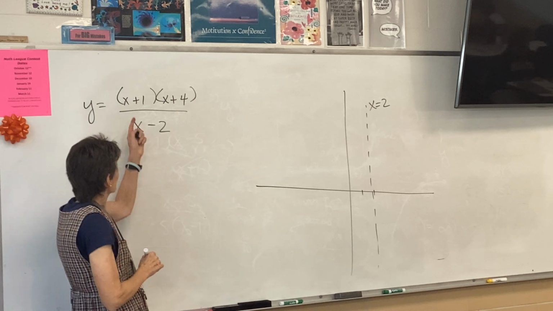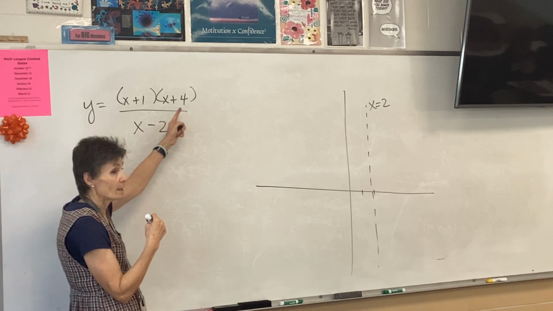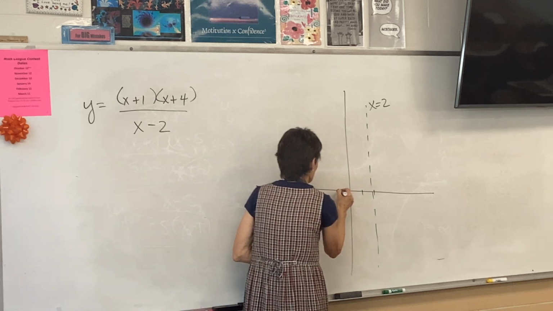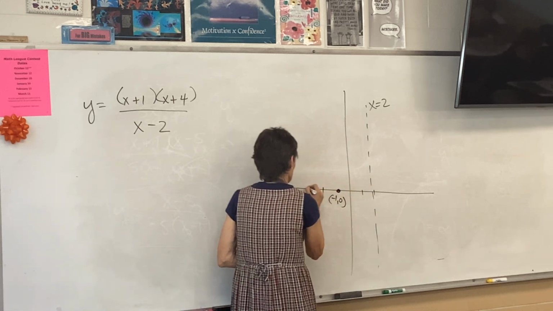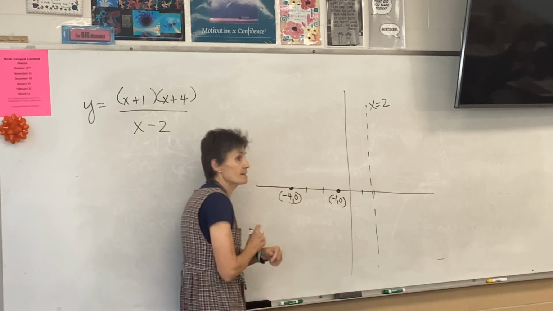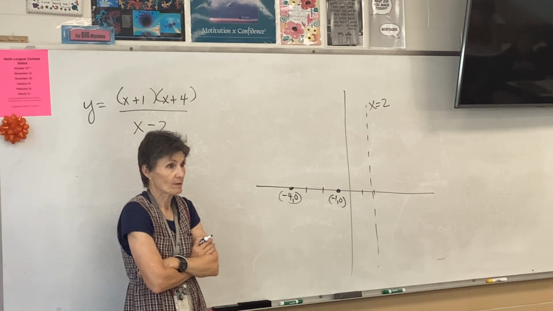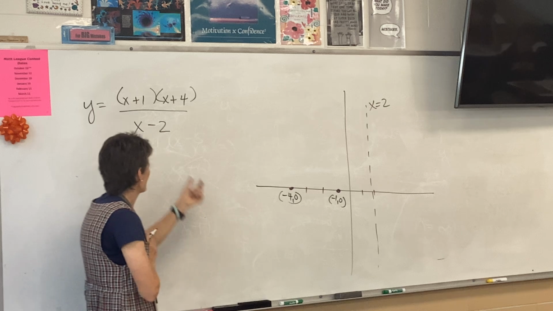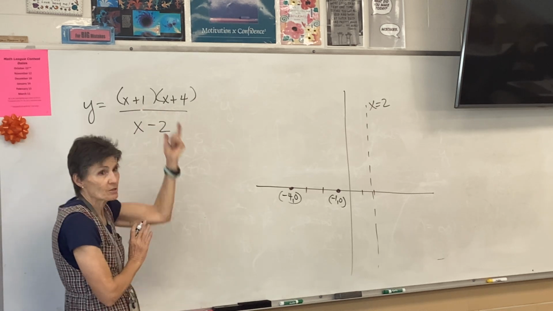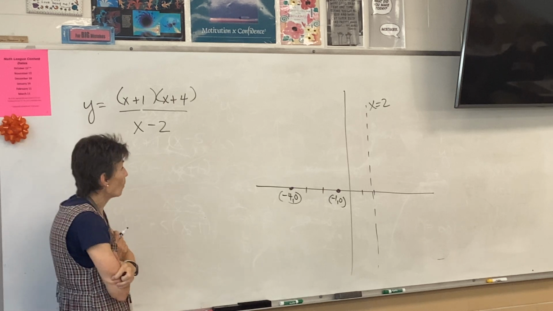An x-intercept, actually there are 2 of them, -1 and -4. Remember, x-intercepts come from the numerator. There are 2 x's up there in the numerator, so there's going to be 2 x-intercepts. Got it? Now what about a y-intercept?